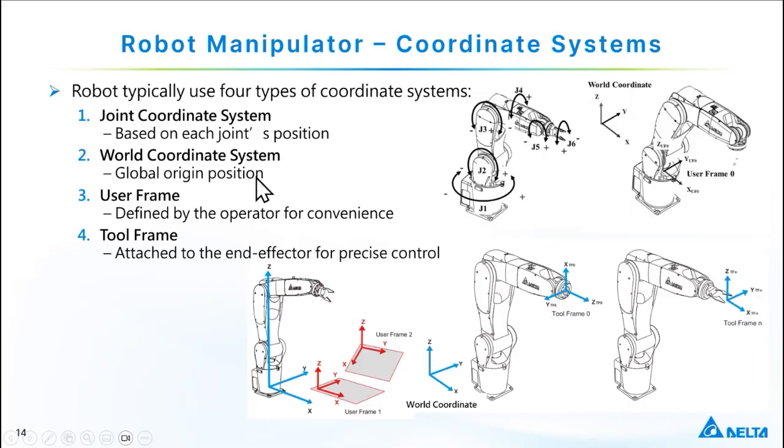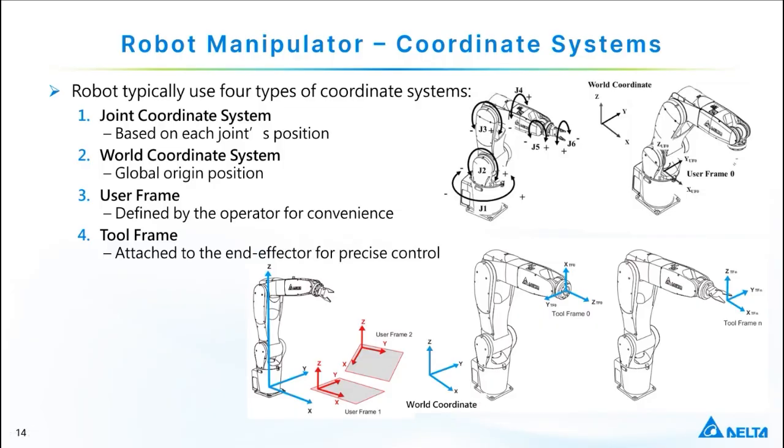And second, we have a world coordinate, which means there is a world coordinate over whatever in the 3D world. We have to focus on, if we're using the real robot, the world coordinate also means the robot base.